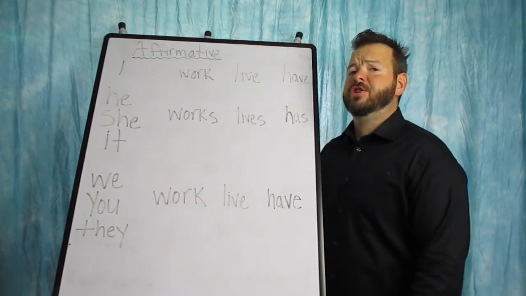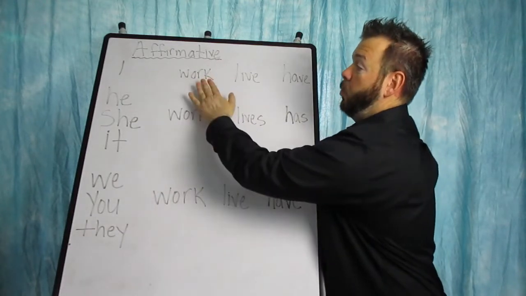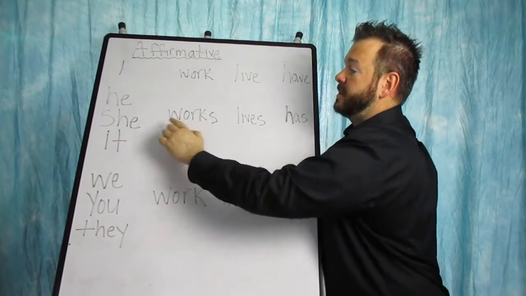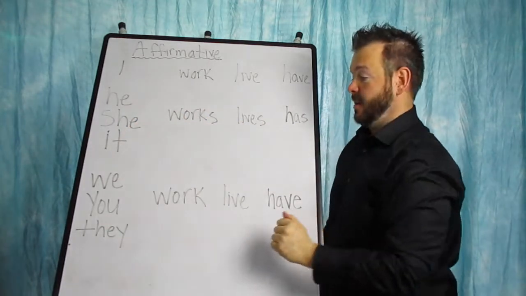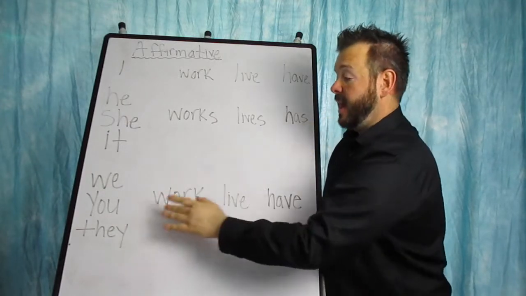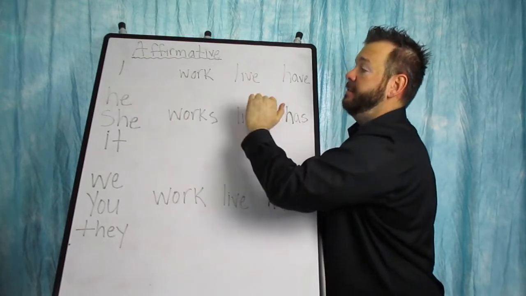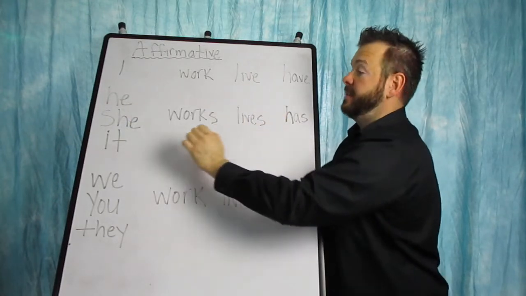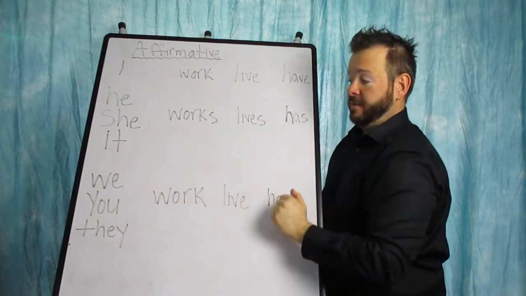Before we start, let's just quickly review the affirmative. I work, he works, she works, it works. We work, you work, they work. Live. I live, he lives, she lives, it lives.